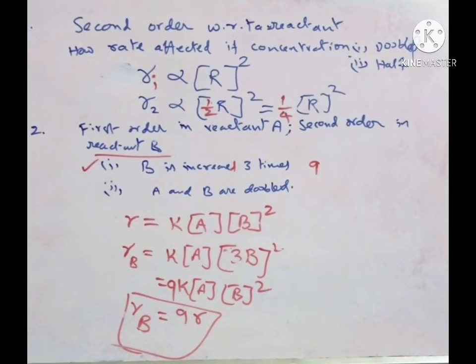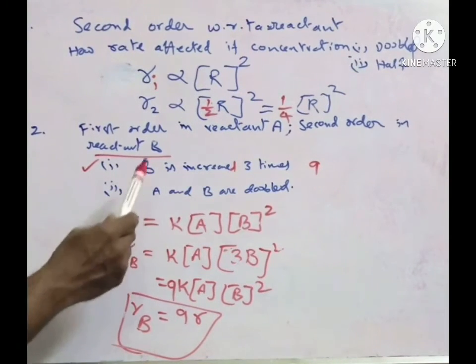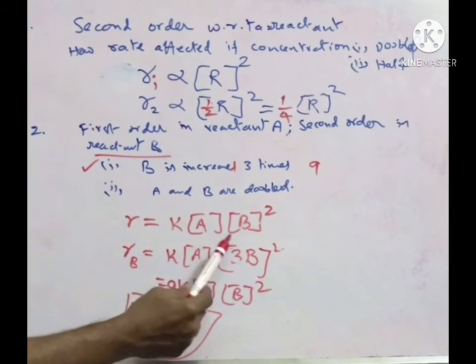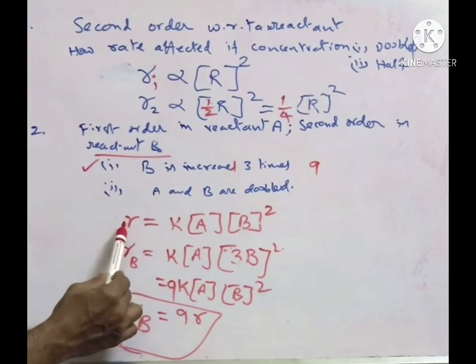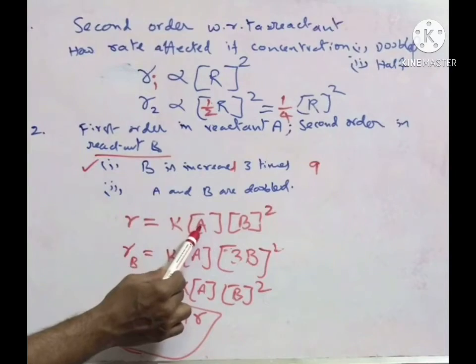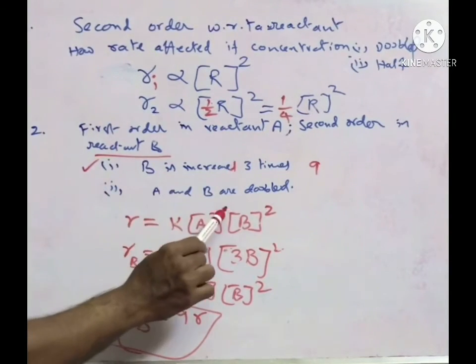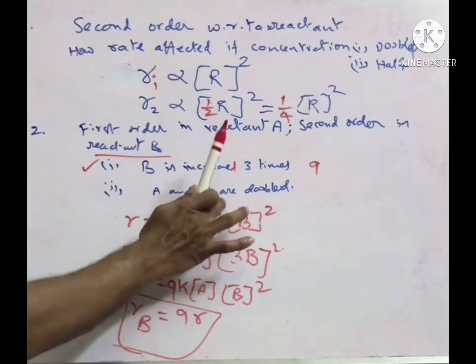Similarly, if A and B are both doubled, the next condition is, I hope you understood here. You see, they have given a first order reaction, a rate of a reaction in which the rate depends upon concentration of A in 1 times, that is first order. With respect to A alone, it is first order because you see 1.